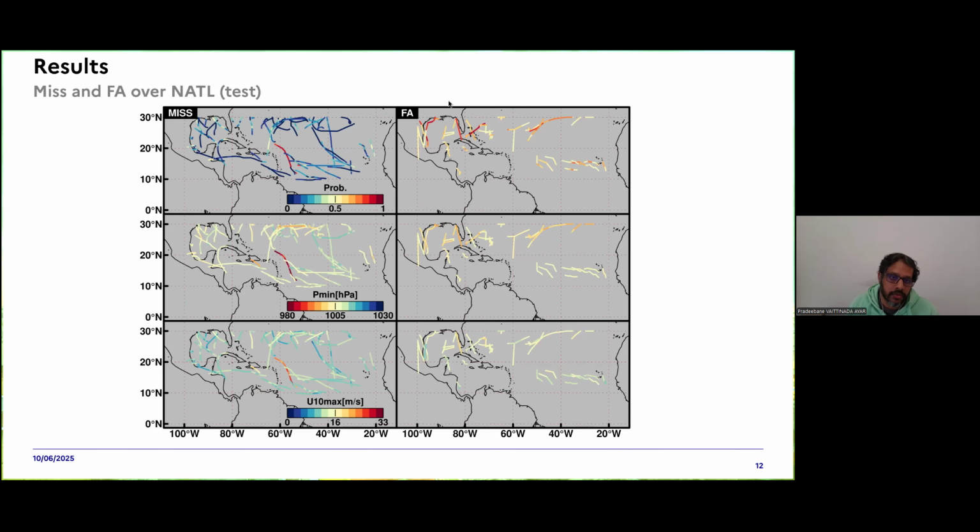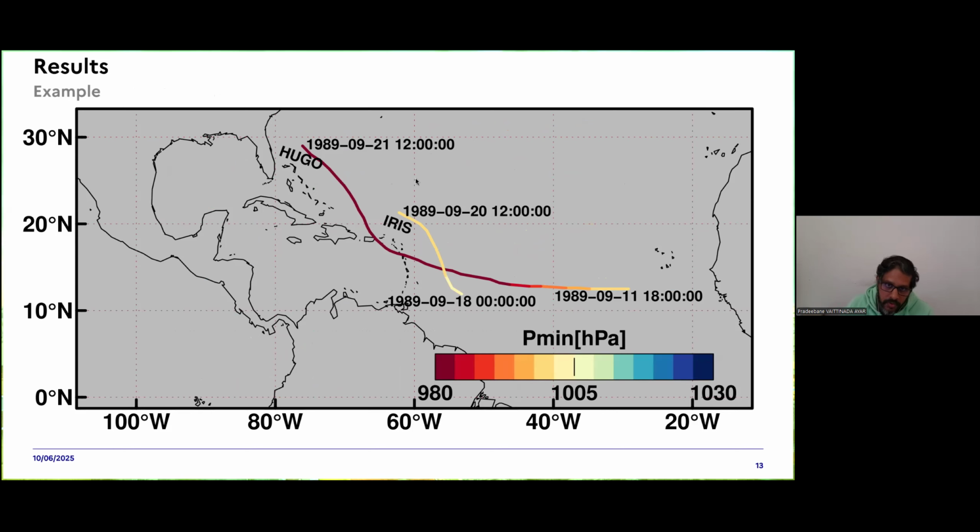Here I wanted to focus on one example among the misses: one red track, which has a high probability, and wind and pressure values which are quite good for a cyclone. I wanted to show this example because sometimes we are not able to track a cyclone if another one occurs very close and almost at the same time.